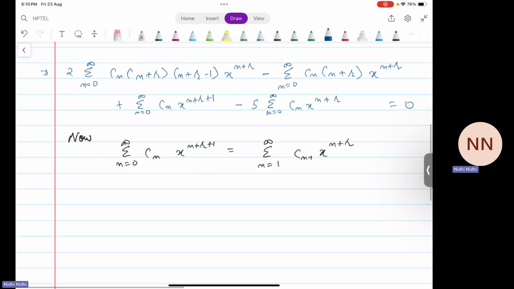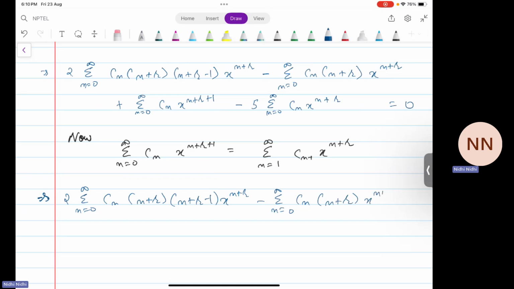So this gives us 2 times summation n from 0 to infinity Cn n plus r n plus r minus 1 x to the power n plus r minus summation n from 0 to infinity Cn n plus r x to the power n plus r plus summation n from 1 to infinity Cn minus 1 x to the power n plus r minus 5 summation n from 0 to infinity Cn x to the power n plus r equals to 0.